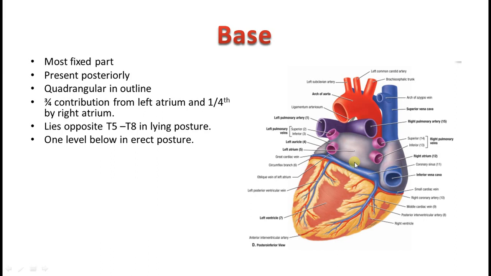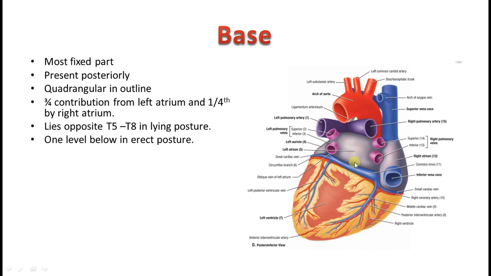Same way I told you about the apex of the heart, which is situated in the fifth intercostal space. In children, it lies at the level of the 4th intercostal space, so one space above. It has still not descended to its final adult position in children.